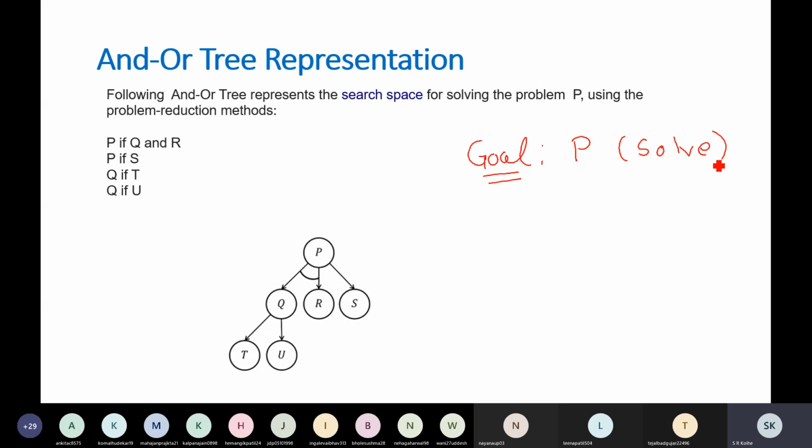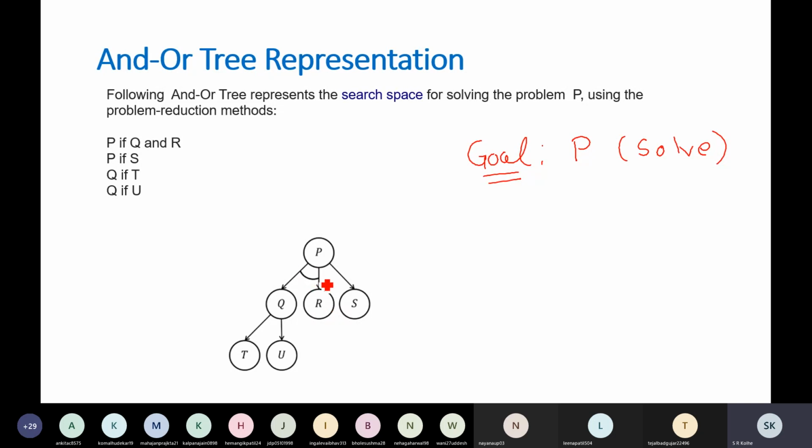Right now we are just understanding how to model that in the form of AND OR graph. So to solve this P, you need to solve Q and R. So we will denote that in this way.